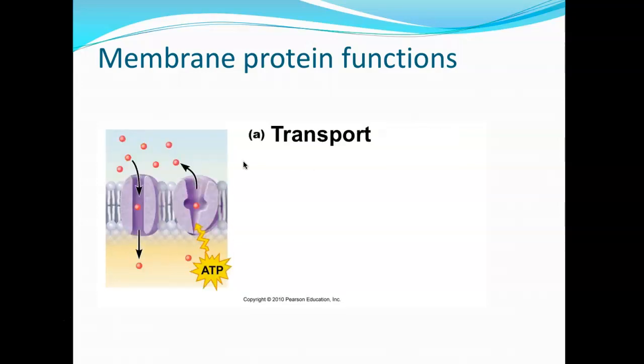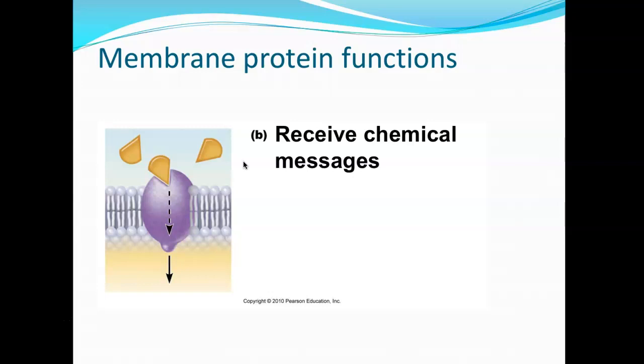And so just so you know, this first one right here, there's proteins embedded within the membrane. They're going to transport things. They can transport ions, transport sugars, transport water, like large amounts of water, okay? Proteins embedded in the membrane can receive chemical messages from other cells. So receive chemical messages. All right?